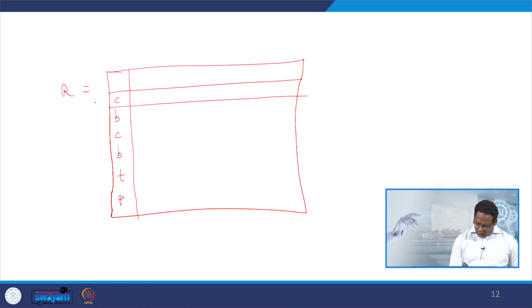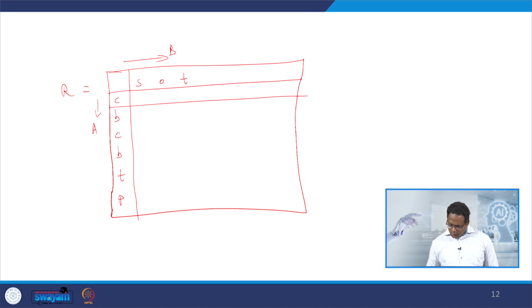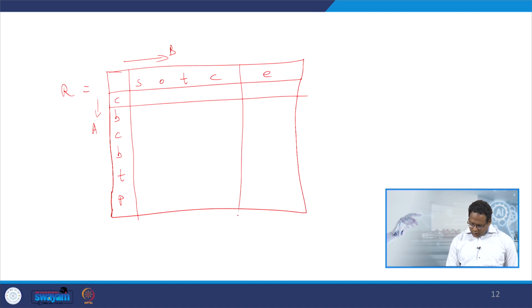This is for set A, and this is for fuzzy set B: square, octagon, triangle, circle and ellipse in the end.